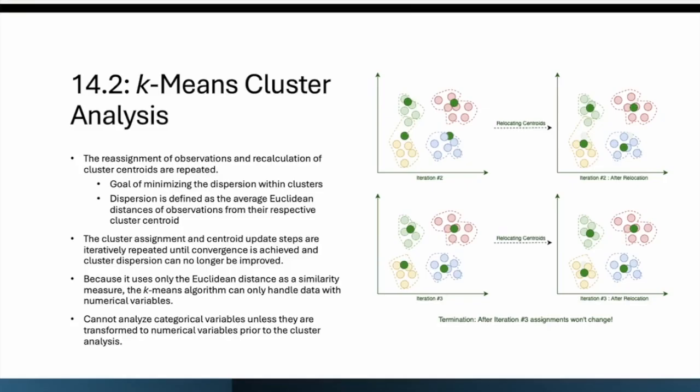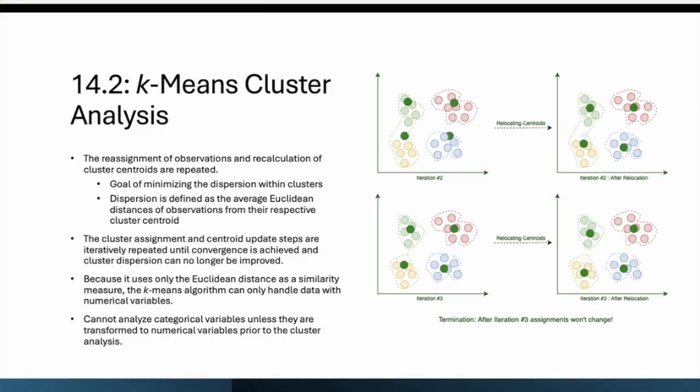The reassignment of the observations and recalculation of the cluster centroids are repeated, as we said, with the goal of minimizing the dispersion within clusters, where dispersion is defined as the average Euclidean distances of the observations from their respective cluster centroid. The cluster assignment and centroid update steps are iteratively repeated until convergence is achieved and the cluster dispersion can no longer be improved.